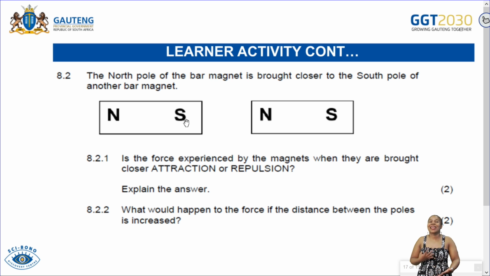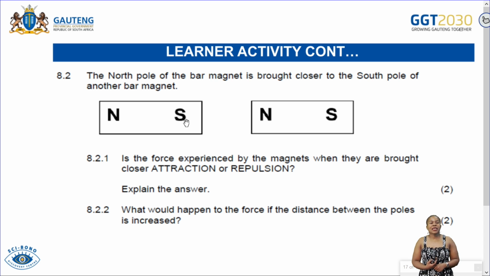But if it was like poles, like your south and south or north and north, there will be a force of repulsion. Explain your answer. The unlike poles attract each other, so the magnetic field lines cause a force of attraction. But the like poles cause a force of repulsion.